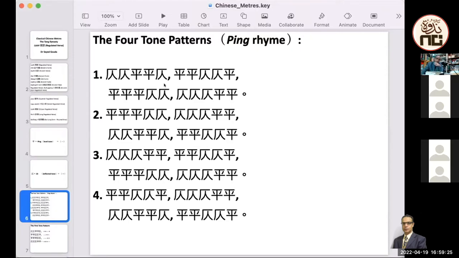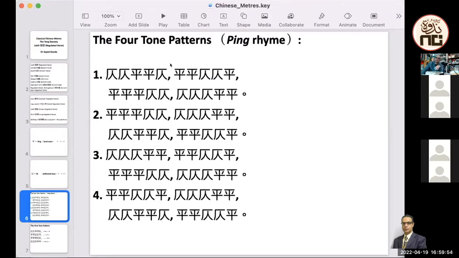If we want to know the rhyme, whether it's ping rhyme or zi rhyme, we have to look at the even lines, not at the odd lines, meaning it's not according to the first line and the third line and the fifth line. No, it's according to the second line, the fourth line, the sixth line, and so on. So here, for example, we take this pattern.